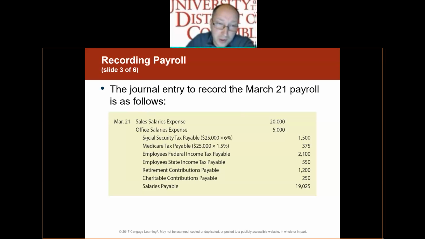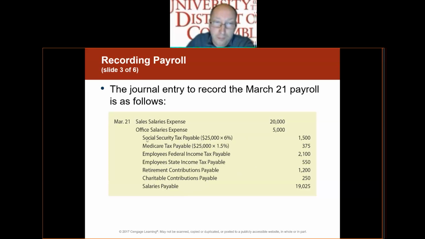We credit Social Security tax payable, Medicare tax payable, employee federal income tax payable, state income tax payable, retirement contributions, charitable funds. All of these are payables, right? And then, of course, we have salaries payable. That salaries payable at the end, that's the net. The net pay.